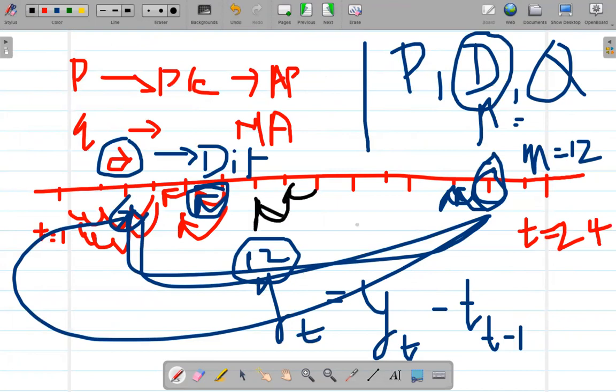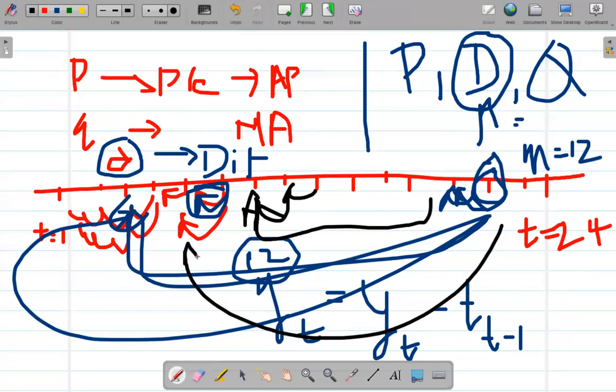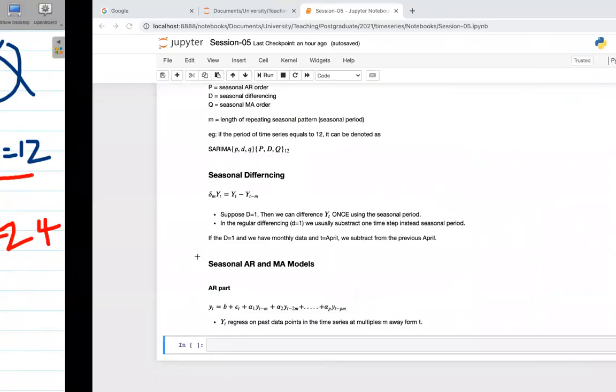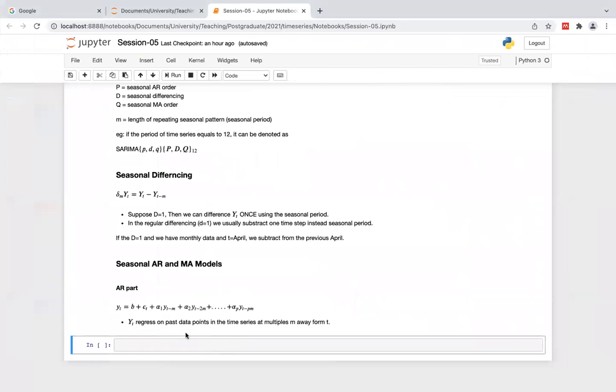But now we have to jump with the previous data points with what? With the m parameter, with the m or seasonal period, instead of by 1, right? That's what I mentioned in here. Y t regresses on past data points in the time series at multiples m away from t, right? Okay, that's the AR part.